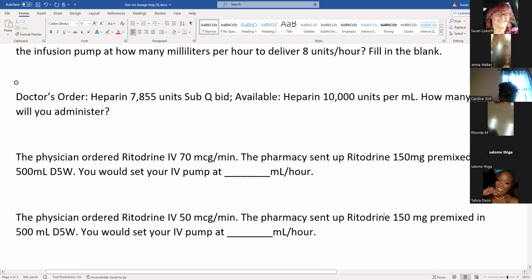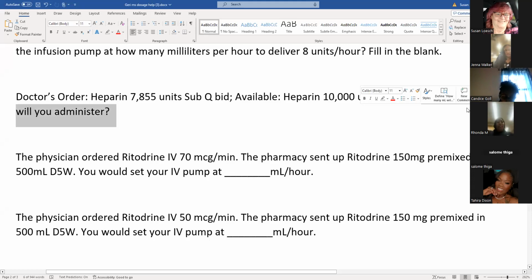What's the formula for the next one? Desired over have times quantity. Now, when I ask you something like this, how many mLs will you administer? Are they asking you for a single dose or a daily dose? It's given 2 times a day, BID. Is that what they're asking you for? A single dose or a daily dose?